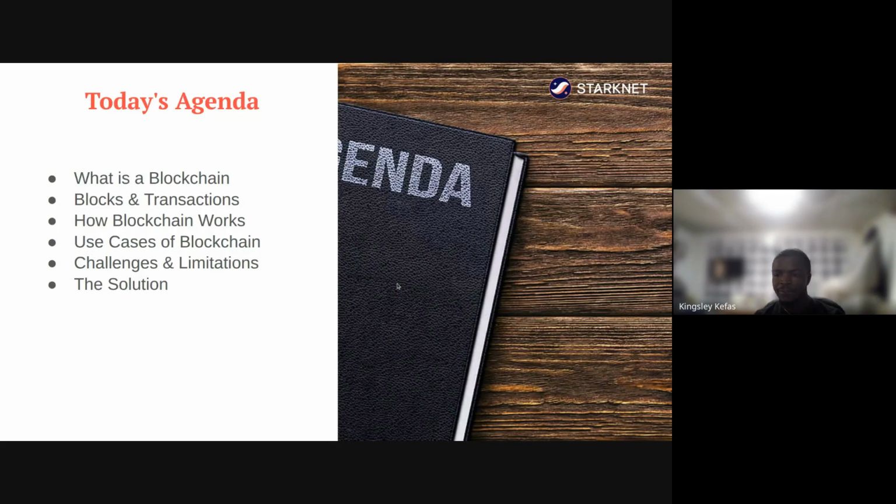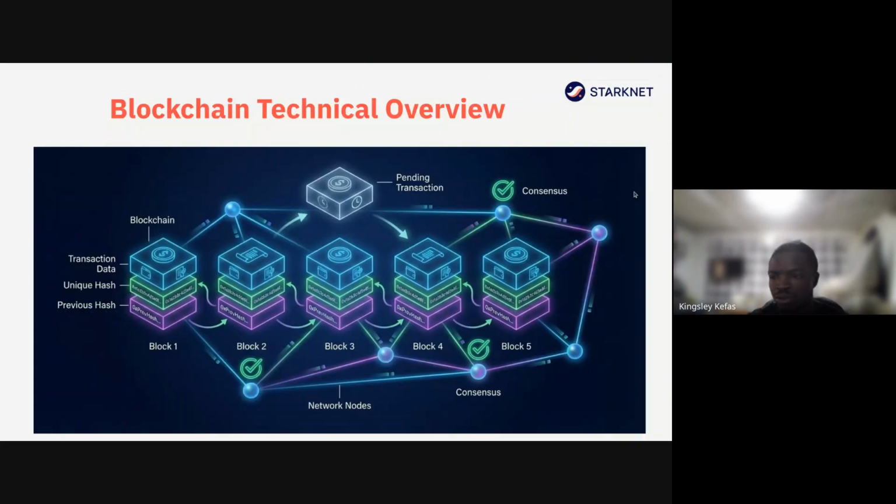A new block. And then the notebook itself can be referred to as what? The blockchain. This whole section is the blockchain, right? If you take a good look at this, you see about 5 blocks here: block 1, block 2, block 3, block 4, and then block 5, and so on.